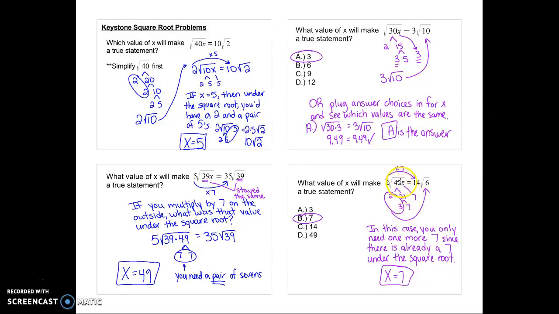So the x is my other 7 that showed up. So there was a pair of 7s that had to be put inside of here. However, you can't just assume that it's a 49 because this 42 breaks apart and I have a single 7 there. So this 7 was my other piece of it. So I only need one more 7 to make this happen. So my answer is just 7.